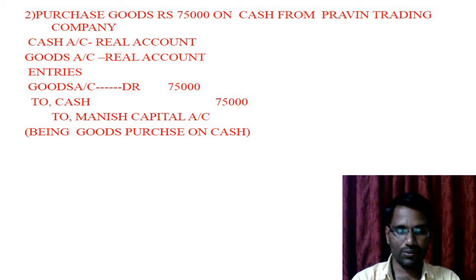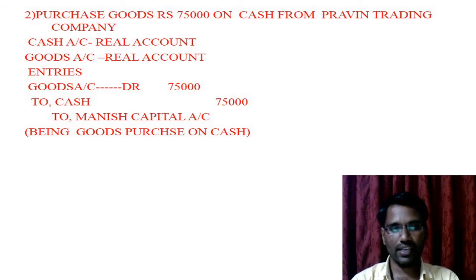If you purchase goods, that means you have to pay the cash. So goods come in and cash goes out. So here two accounts, one is the goods account and the second is the cash account, and both are types of real account. Just you apply the rules of real account.